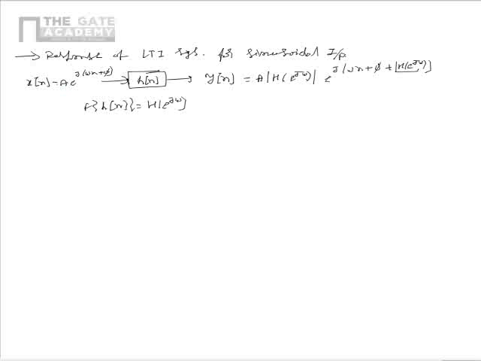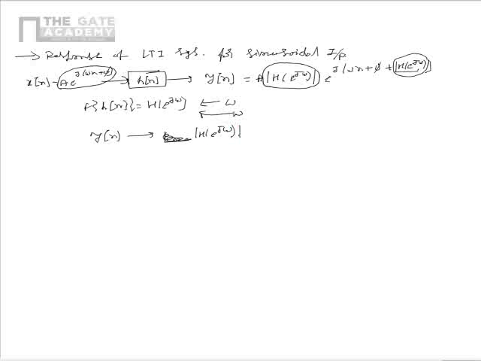So from this we can say that if there is a sinusoidal input given to the system, the magnitude gets scaled by the magnitude of the frequency response at omega, and the phase gets shifted by the phase of the frequency response at omega. So the new output y of n will have a magnitude scaled by magnitude of H of e power j omega, and the phase of y of n will get shifted by phase of H of e power j omega.